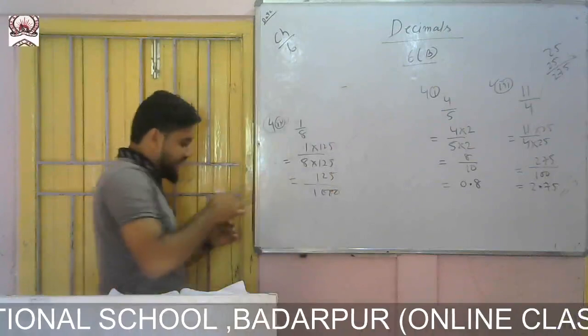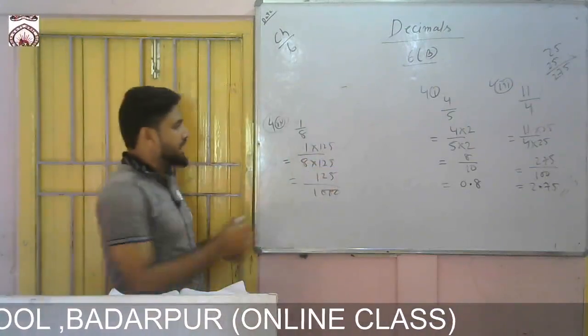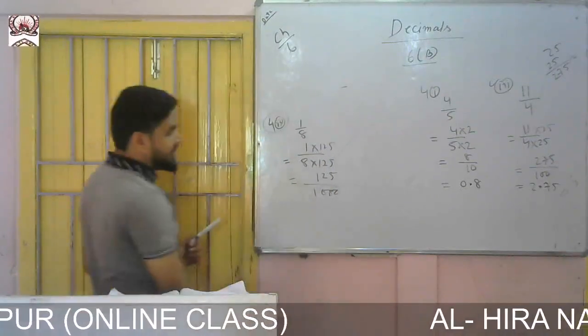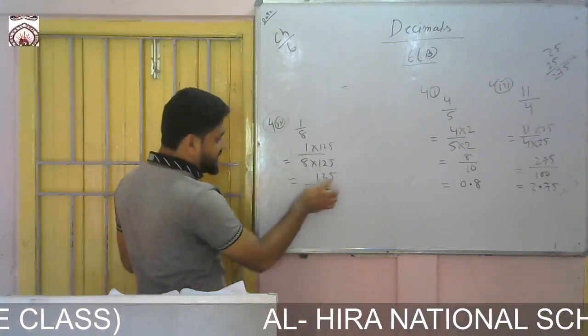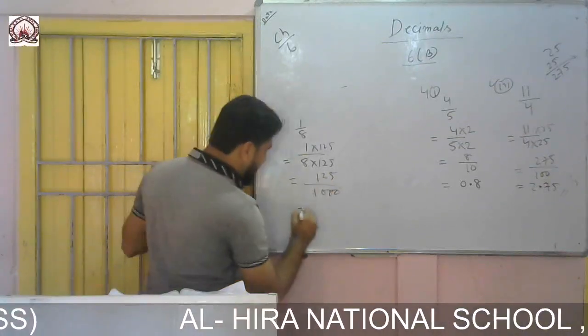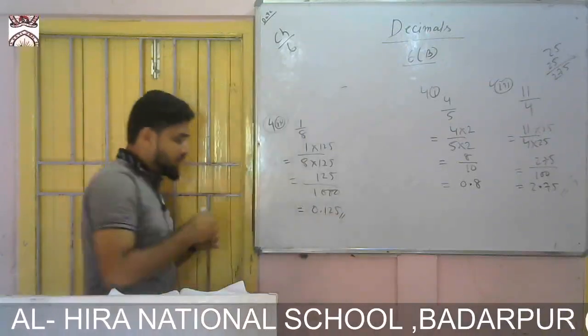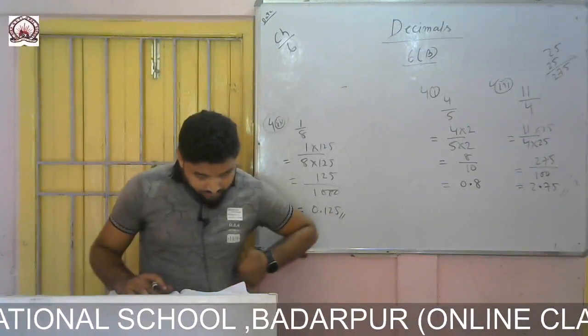If I multiply here, then I need to multiply the numerator also. So 25 ones are 25, and here it will become thousands. Now 3 places, the point will shift 3 places, 1 2 3. So it will come here 0.125. Okay.